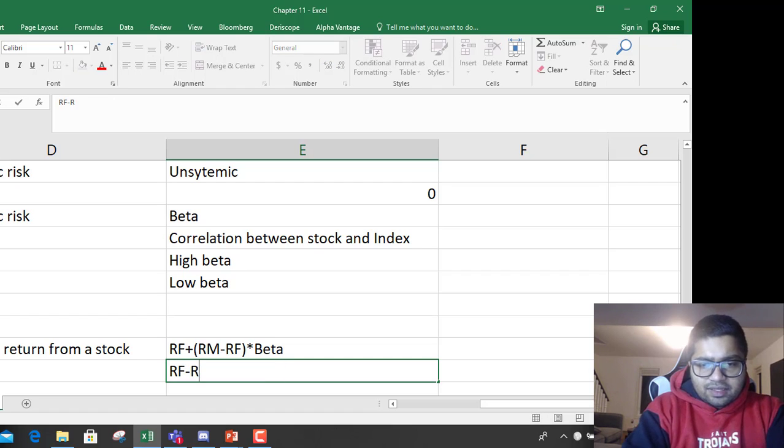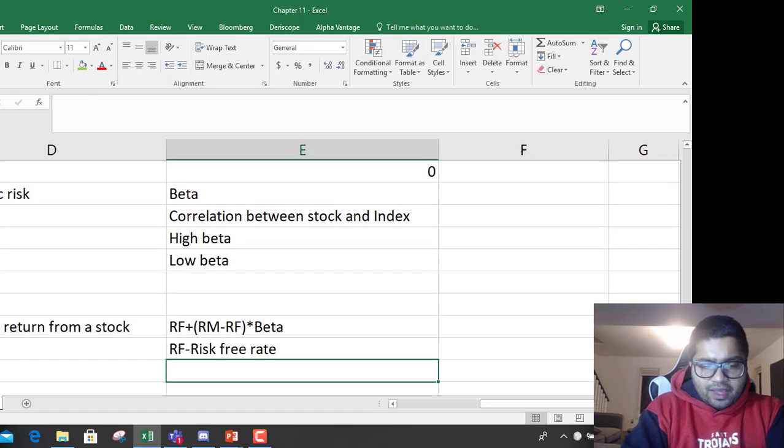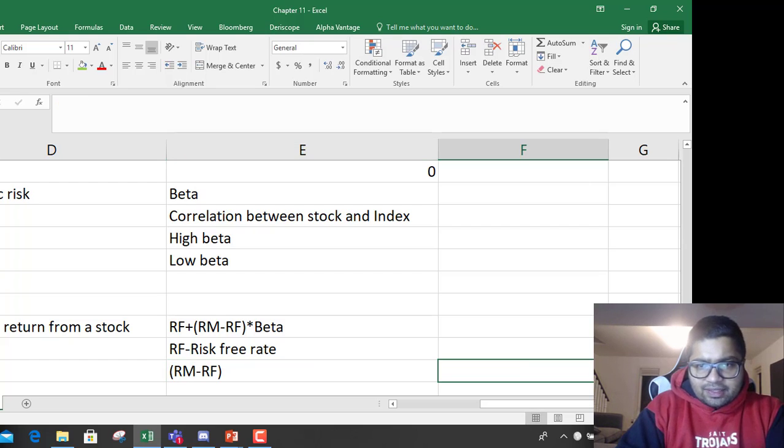Where RF is the risk-free rate, RM minus RF is the excess return.